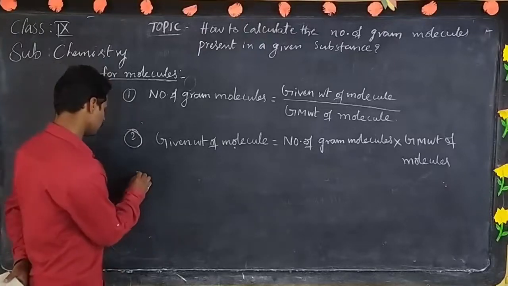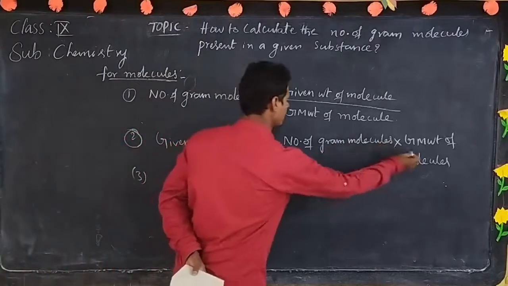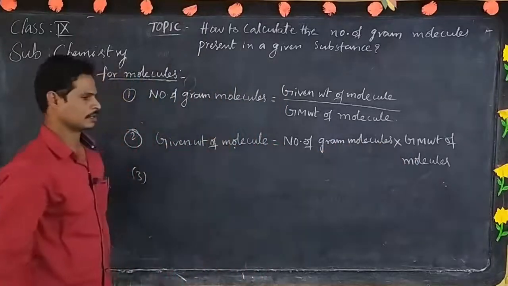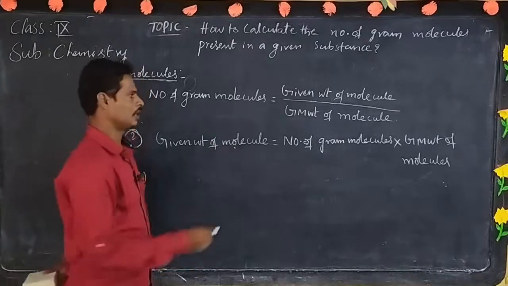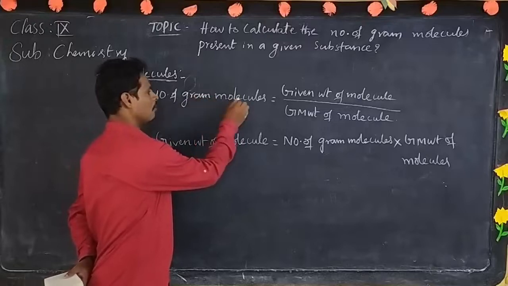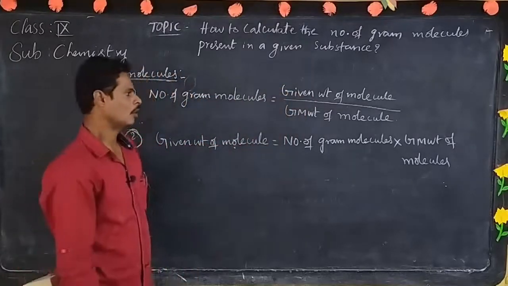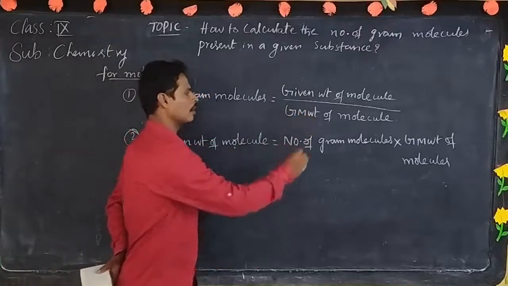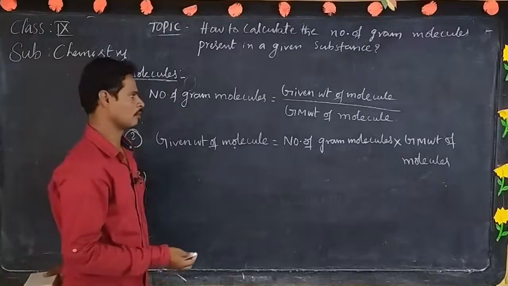Next, third formula, how you can write according to first formula. We know number of gram molecules as well as given weight of molecule. We don't know gram molecular weight of molecule. How you can change the formula?